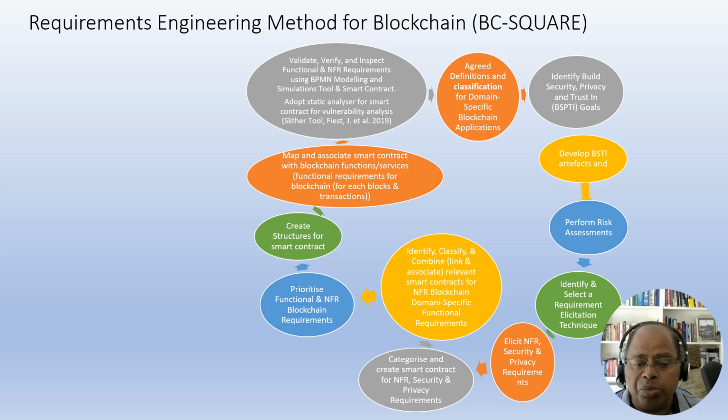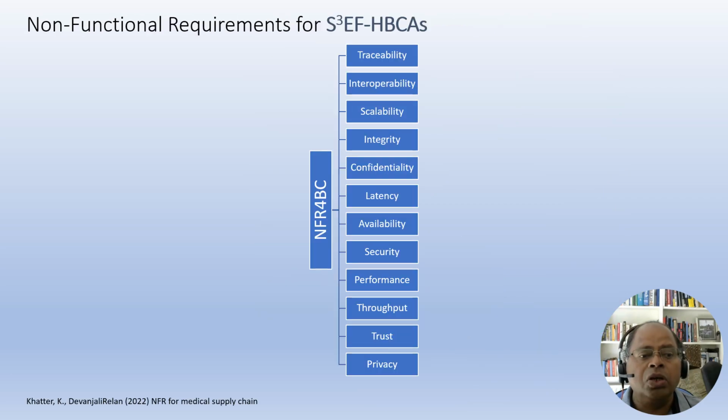I propose business process modeling tools, which are quite easy and convenient to validate at the first level of requirements. So these are the classification for non-functional requirements, which I already showed in the earlier diagram, but this is more exploded, particularly relevant to medical supply chain applications.